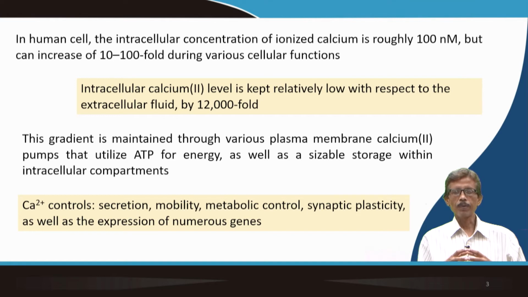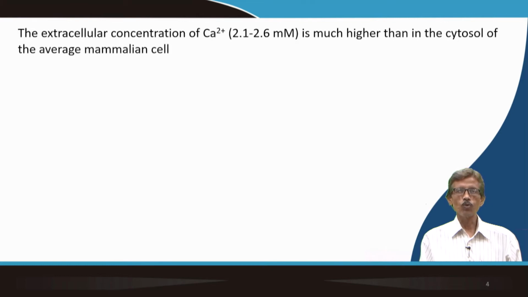Then synaptic plasticity, that these nerve synapses are there, and that synaptic plasticity is also required for your movement of the calcium and the accumulation of the calcium. And finally, while you express some different types of genes, we have to go for the dependence on this particular metal ion. So, this metal ion is therefore a very useful one and a very beautiful one in handling all these biochemical processes.